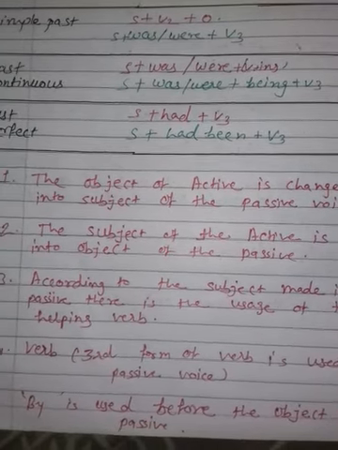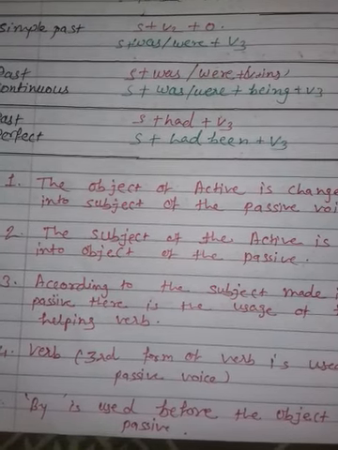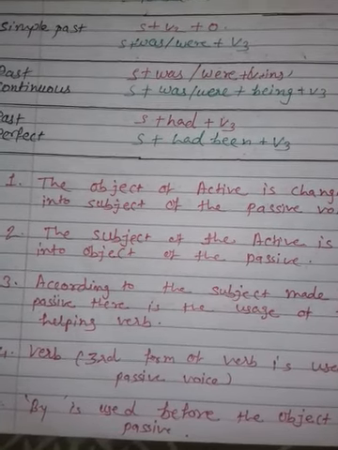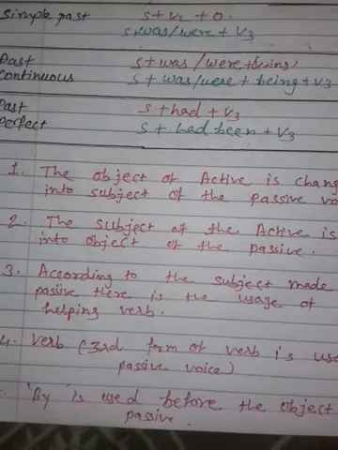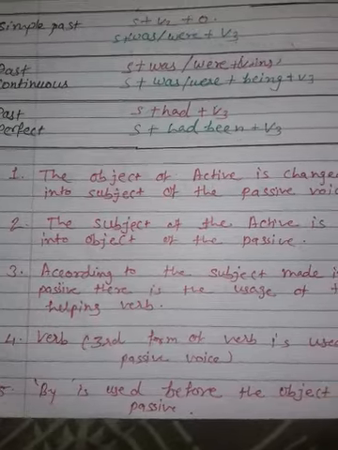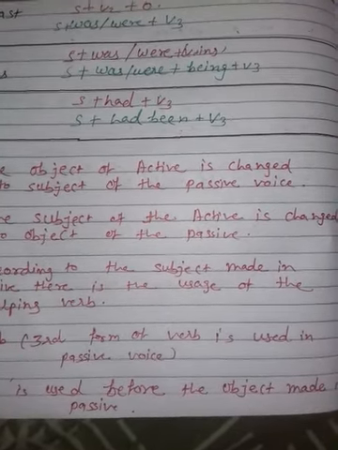Fourth rule, always remember that we always use the third form of verb in passive voice, and by is used before the object made in passive.